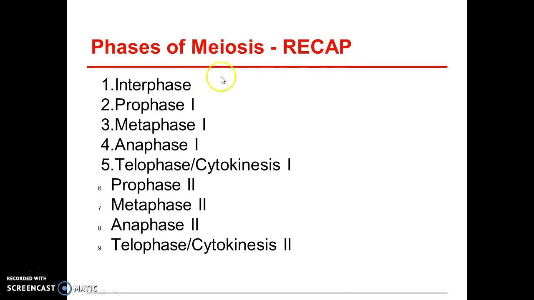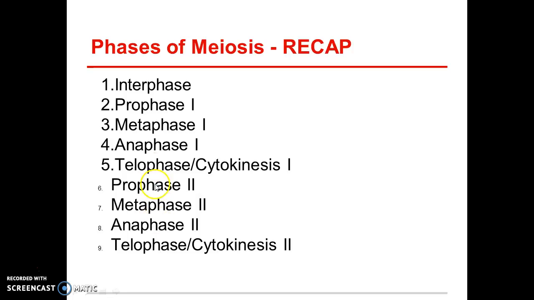Just as a recap, you don't have to write this down. You have interphase and then PMAT, and then PMAT again. So during interphase, you have growth and DNA replication. During the first round of PMAT, you have the separation of the homologous pairs. Okay, they're splitting. And then the second round of PMAT, the individual chromosomes are actually splitting at the centromere.